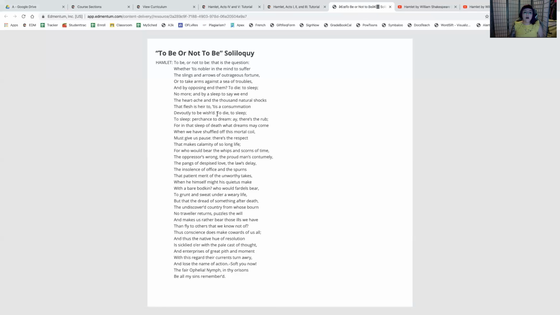This is a part where Hamlet is, because it's a soliloquy, we know it's his innermost thoughts. He's really contemplating death. So "to be or not to be, that is the question": whether it is better to stay alive and suffer life, or to kill yourself.